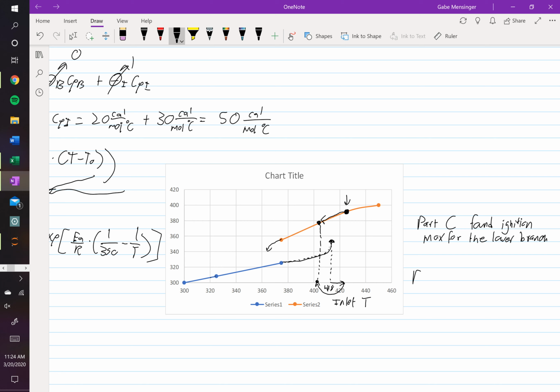Part E now wants us to find extinction, which is the minimum for the upper branch.